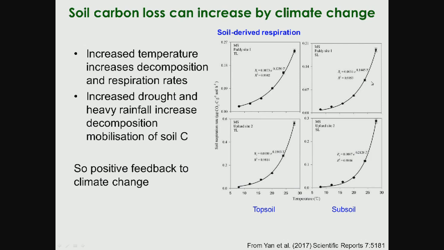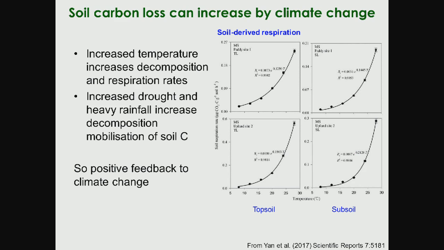A number of studies, such as this data here, have shown that as our climate warms, as the soils on average warm, this drives greater respiration in the soil, and therefore greater carbon dioxide release from the soil due to this microbial activity. Likewise, decomposition rates have been shown to increase as temperature increases.